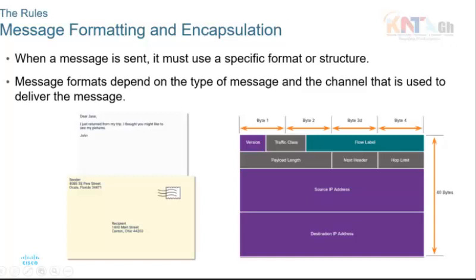So that in every process of the transmission, the one who is carrying this information that has been encapsulated in this envelope will know who the receiver is, which is the destination, and will also know the source, who is the sender. So message formats depend on the type of message and the channel that is used to deliver the message.